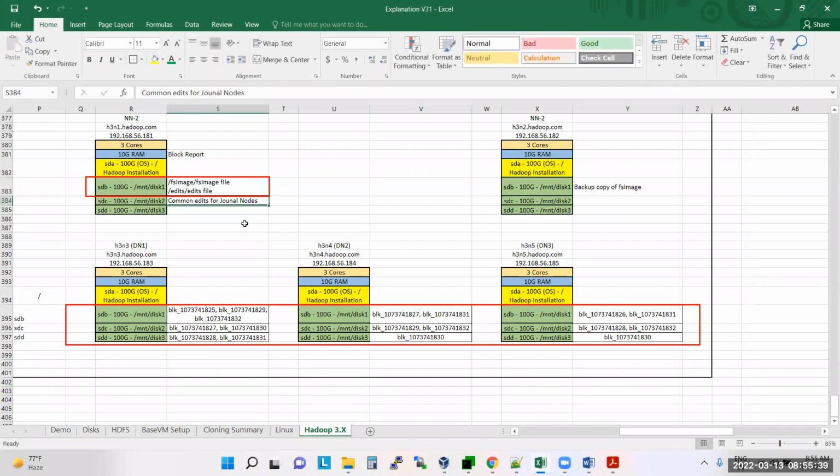Understood? Okay, sir. This is the path for journal nodes.